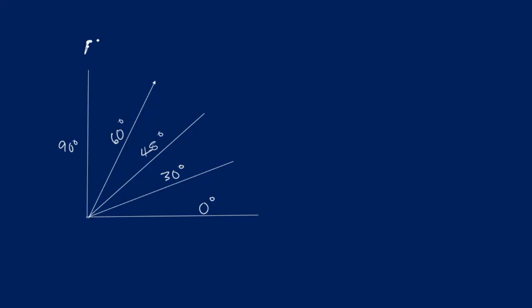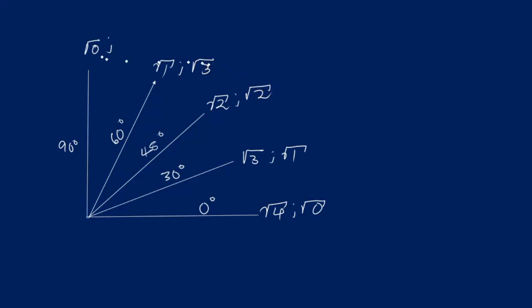So we start with square root of 0, square root of 1, square root of 2, square root of 3, square root of 4. You see how I'm teaching you to work with special triangles. When they say without a calculator, this is what you do. And then here the y values: square root of 0, square root of 1, square root of 2, square root of 3, square root of 4. Remember, our coordinates are in the form of x and y. The first coordinate is the x, the second coordinate is the y.